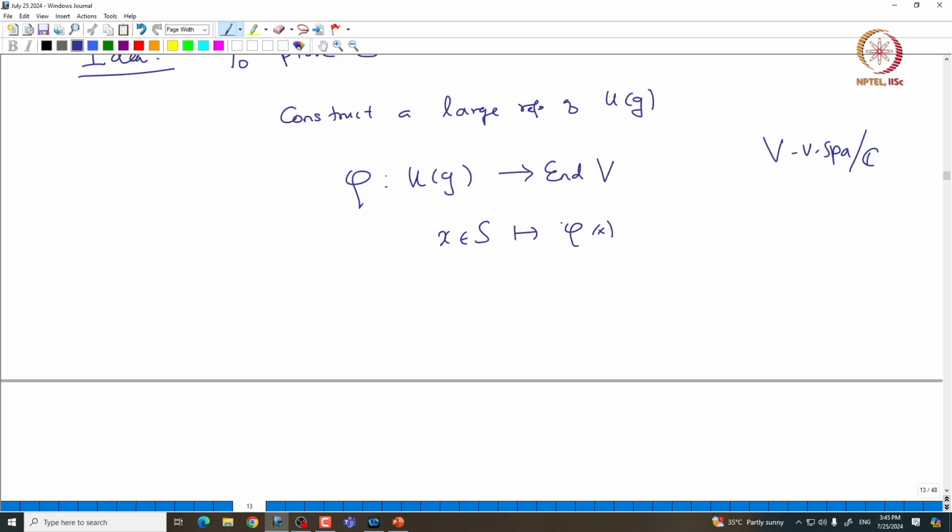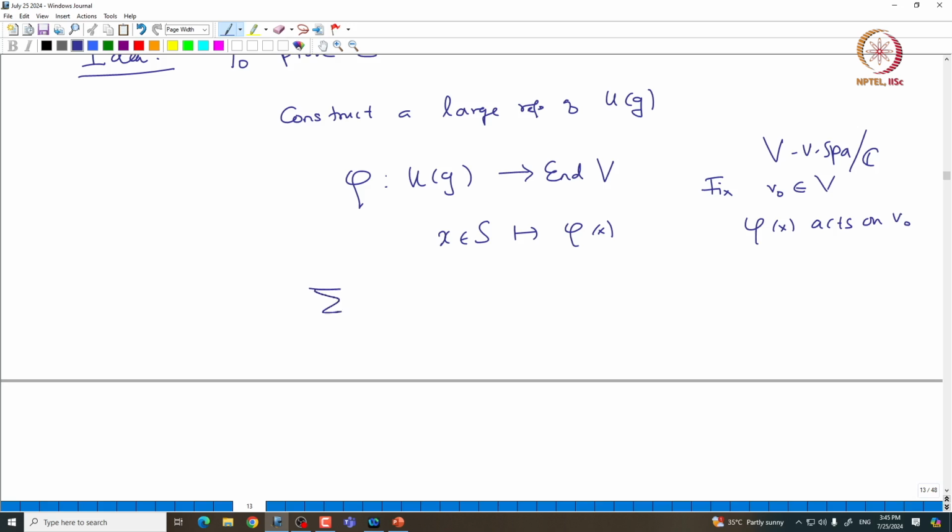Okay. So, now what you can do, to prove that the phi of x are all linearly independent, is make phi of x act on some particular vector. Okay. In the case of UG, you can take the unit element inside SG and make it act on that. But then you can say that you are fixing some vector V naught, fix this and then make phi of x act on this V naught. Okay.